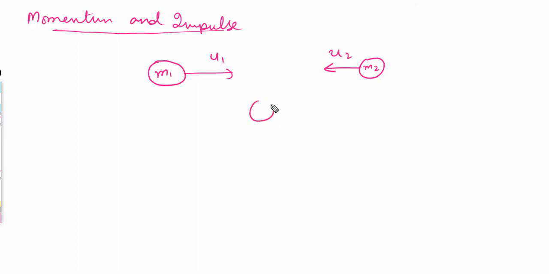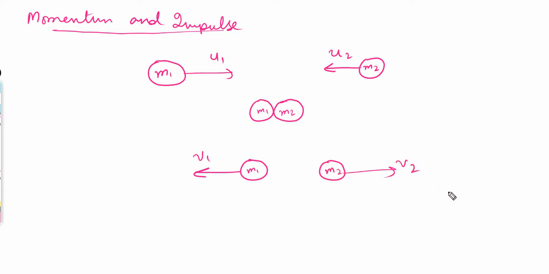After some time, these two objects collide with each other, and after some time they start to move in the opposite direction like this. The velocity of m1 became v1, and the velocity of m2 became v2.